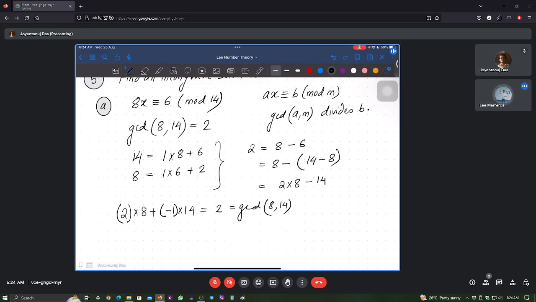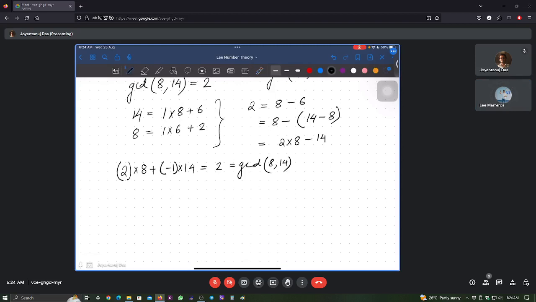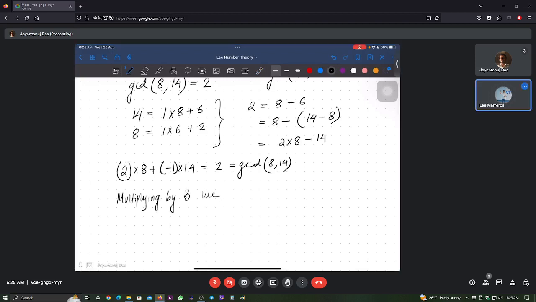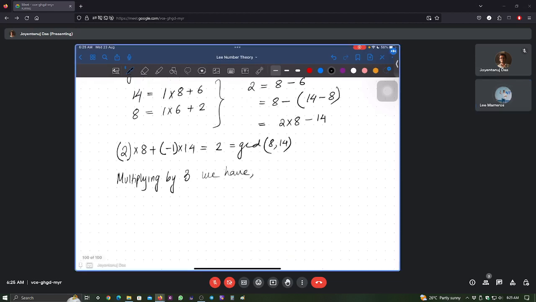Now we have to bring 6 here, so we multiply the equation by 3. Multiplying by 3, we have 6 into 8 plus minus 3 into 14, and that is 6.